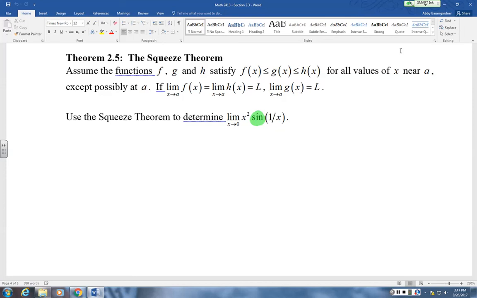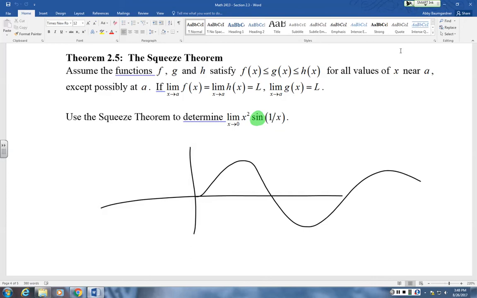But if you do have sine or cosine here, there is an opportunity for you to use the squeeze theorem, and you might be okay with it, because the one thing that every one of you eventually would be able to tell me is that when you draw a graph of sine or cosine, the y values are always between what two numbers?